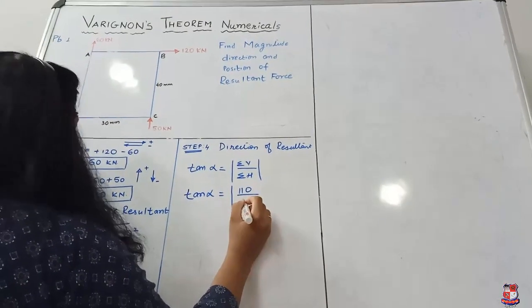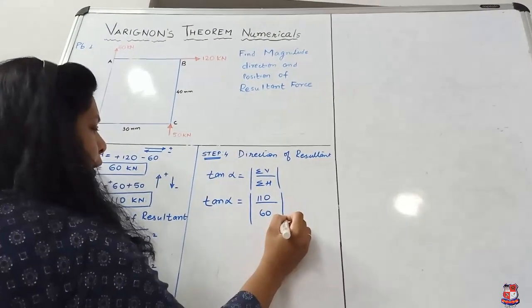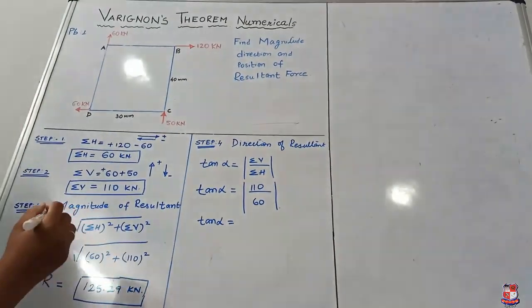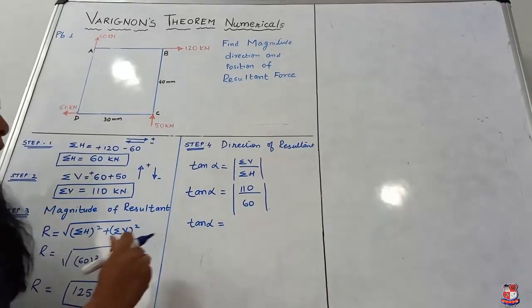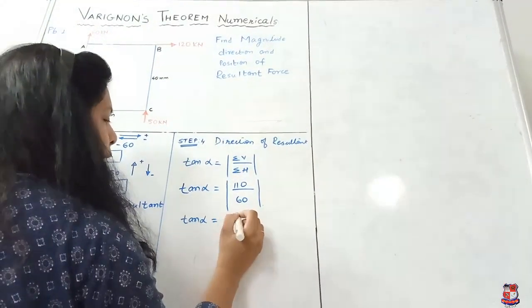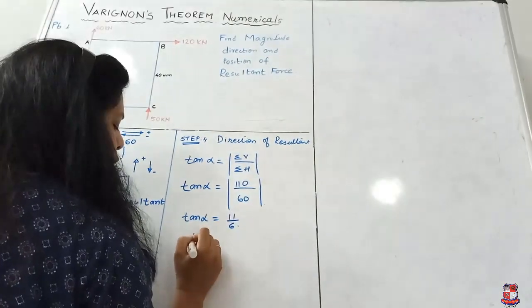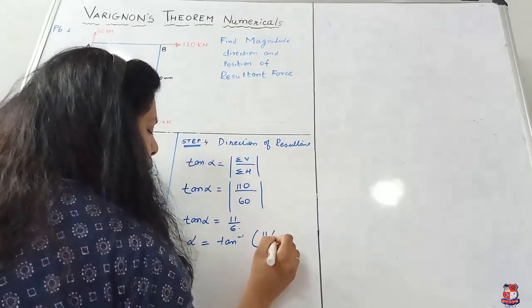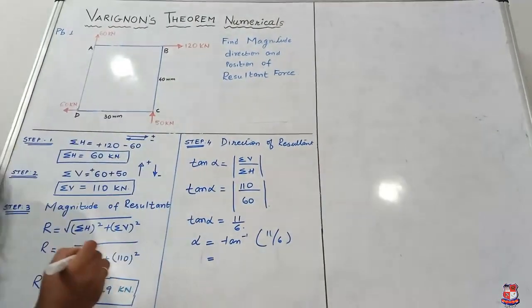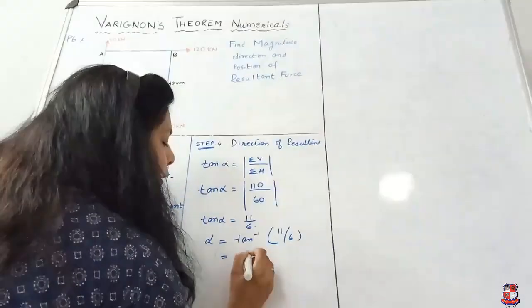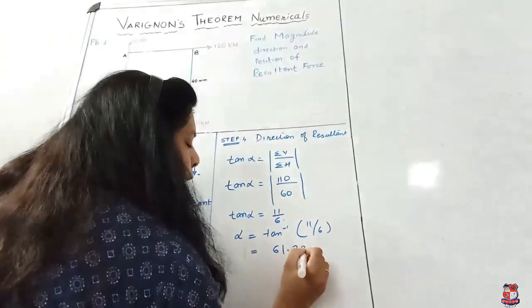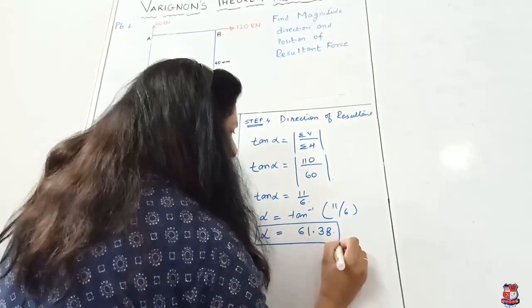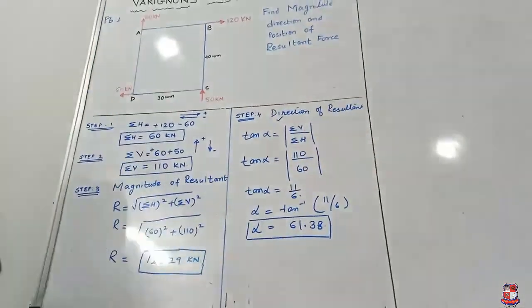What is sigma H? 60. Both are positive, so tan alpha is equal to 110 upon 60. So alpha is equal to tan inverse of 11 upon 6, which gives us the value as 61.38 degrees. So we have calculated the direction of the resultant force.